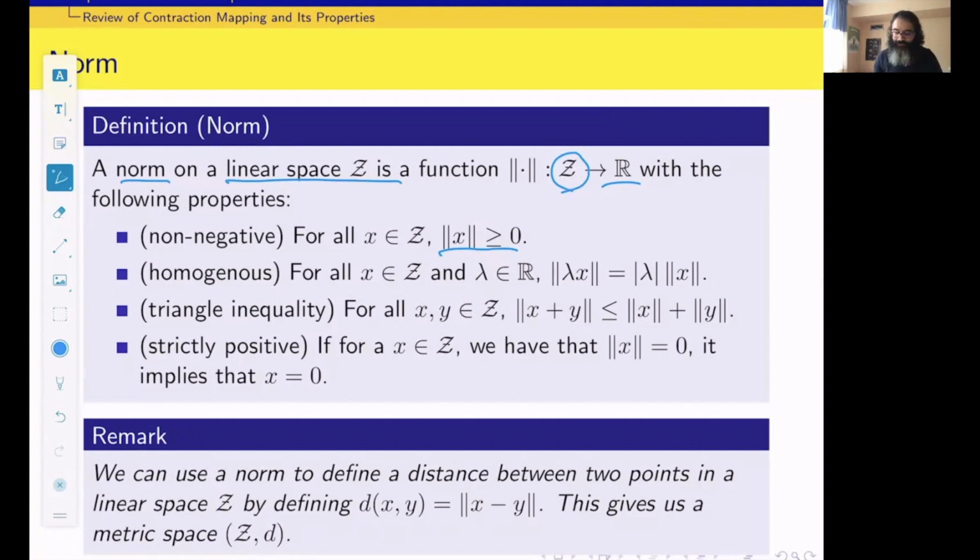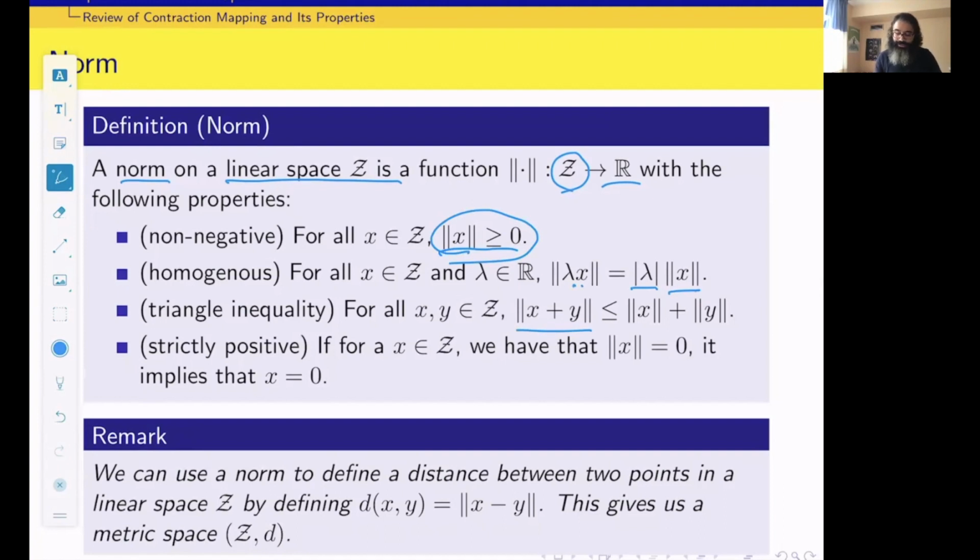The norm is always non-negative. If you multiply x by some scalar number, the norm of lambda x is the absolute value of lambda, like 5, times the norm of x. This is called homogeneity of the norm. And we have the triangle inequality: the norm of x plus y is smaller than the norm of x plus the norm of y.